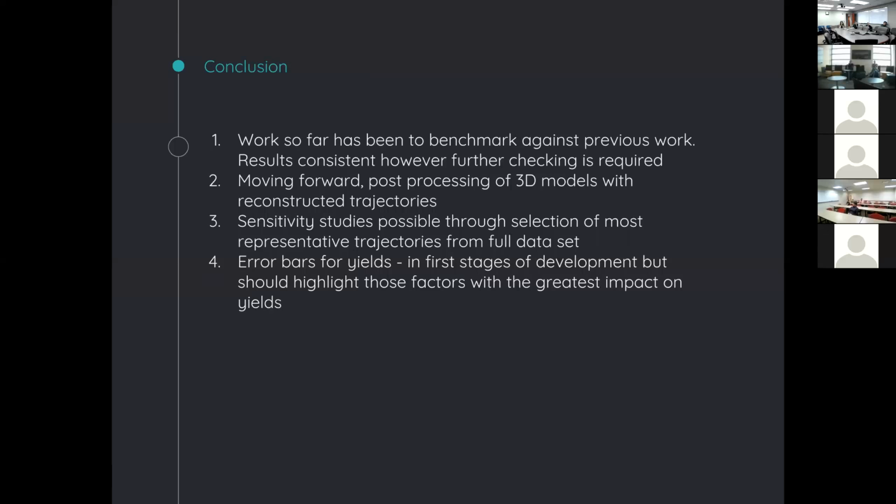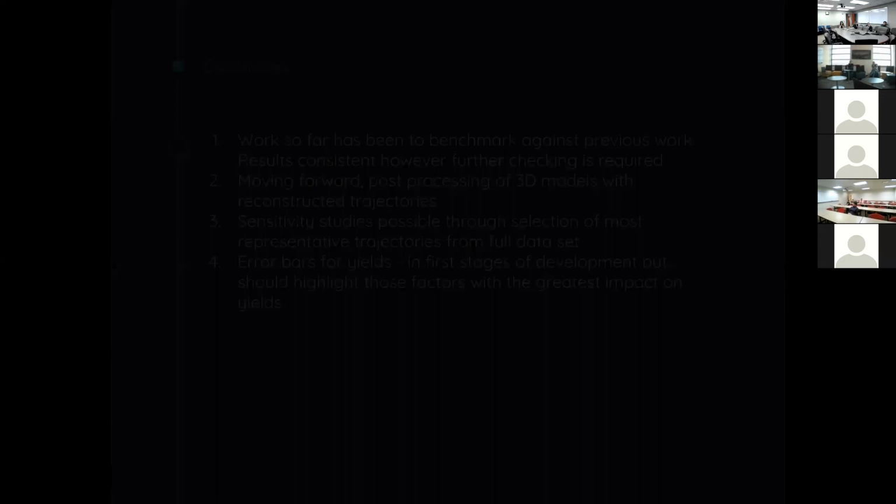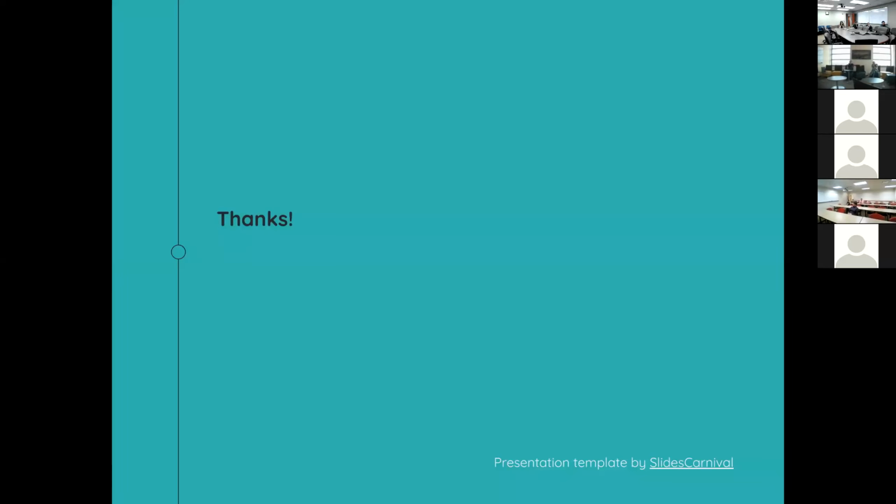Moving forward, we want to post-process 3D models, review constructed trajectories, begin work on sensitivity studies by selecting representative trajectories from the full data set rather than running for the whole data set, which is sort of prohibitively expensive. And the error bars for yields, which are in the first stages of development, but should be quite impactful. So thanks for listening. I hope I didn't send anyone to sleep.